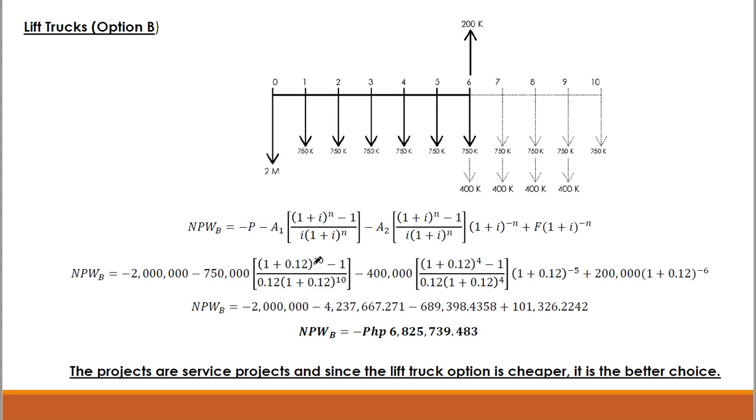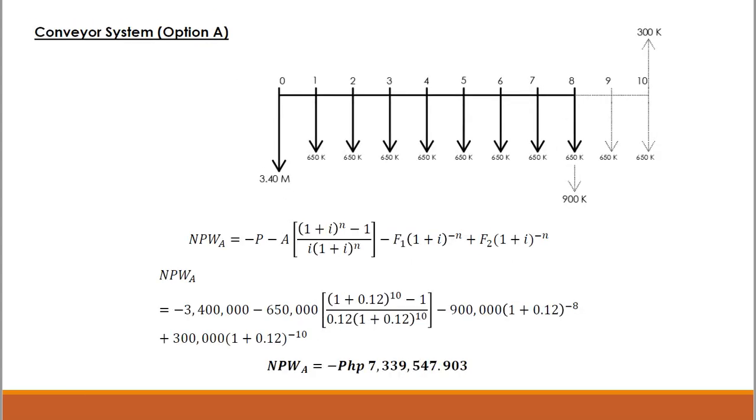So remember, ang MARR natin is 12%. Medyo mababa, ano? Okay, so the net present worth for option B or for lift trucks is 6.83 million. Yung option A, 7.34 million.